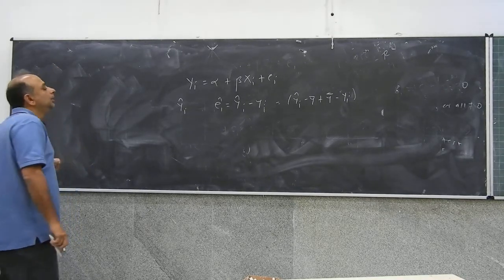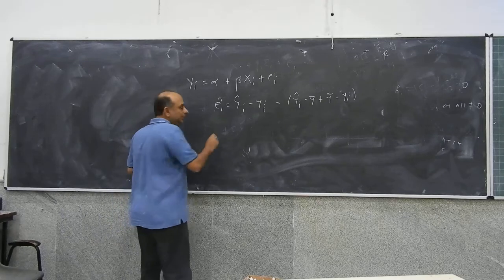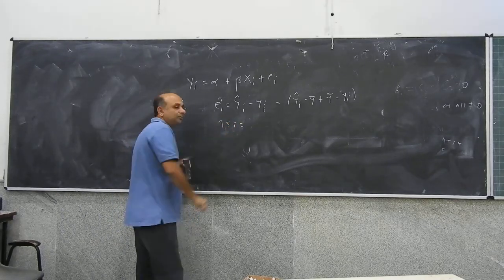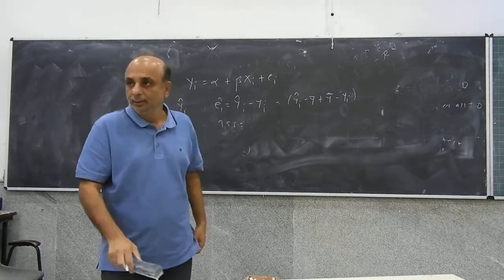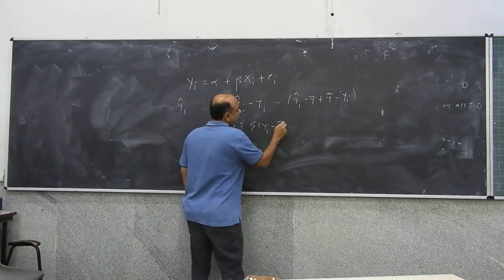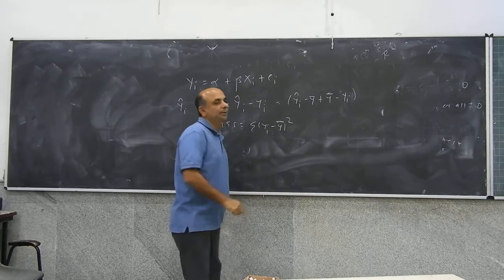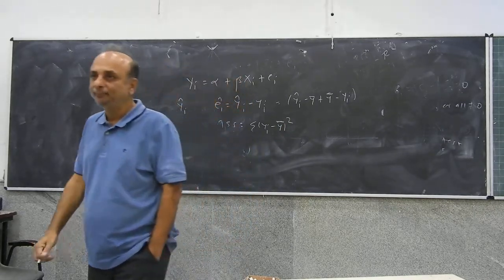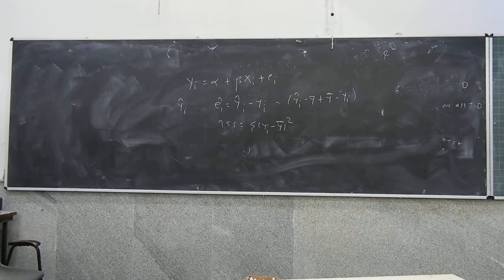Now, there are three things that we are interested in. We have the total sum of squares, which is summation yi minus y bar square, which is the total variation in y.